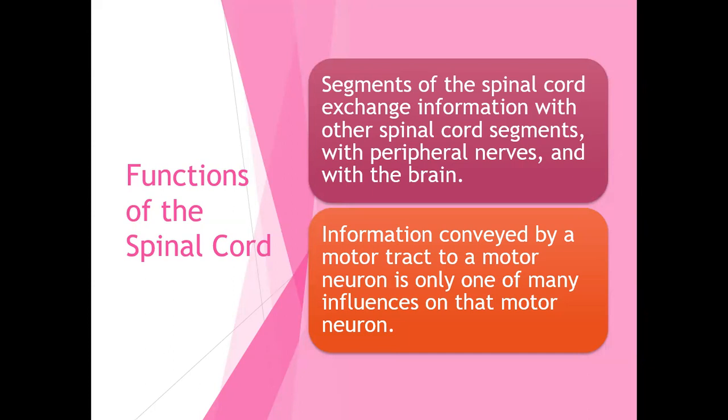There are reflexes. There's a lot of sensory information that's feeding back to the neuron. So a lot of motor modulation and sensory modulation happens in the spinal cord. So there's a lot of spinal cord influence on every aspect of our body.